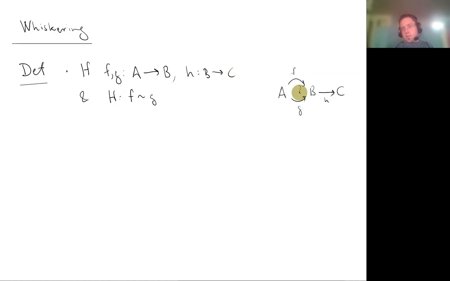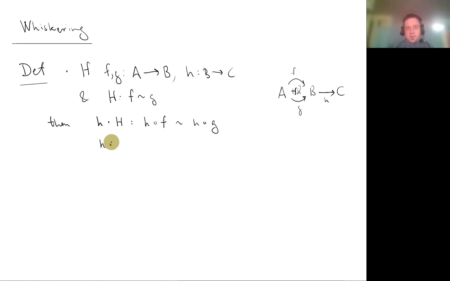We can draw that in the picture as tilde in this direction. It's hard to see. That's an H. Then we can make a new homotopy, h whiskered with capital H. And that's going to be a homotopy from the composition this way to the composition this way. So that is from h after f to h after g.